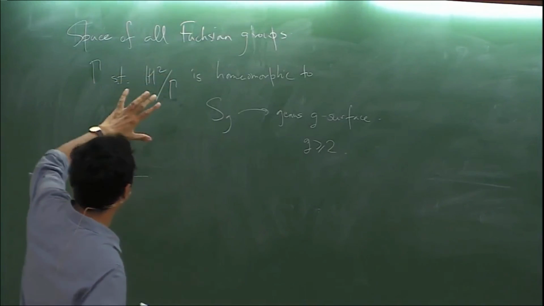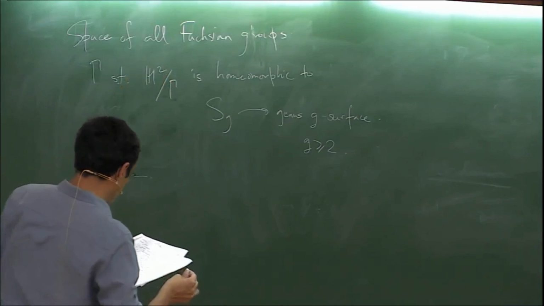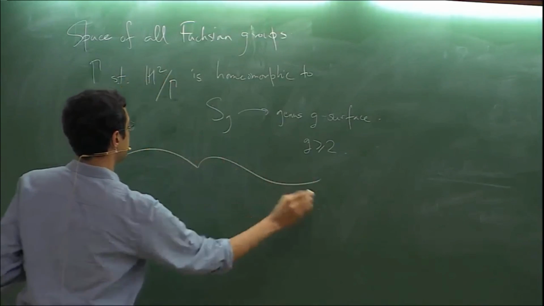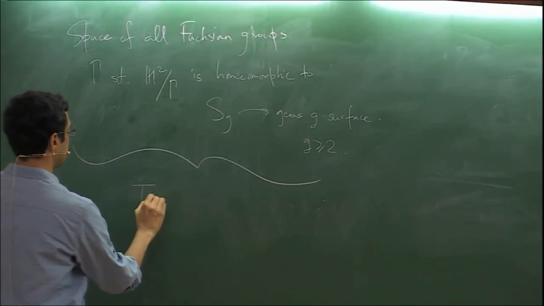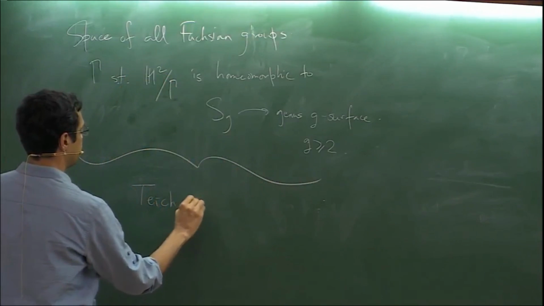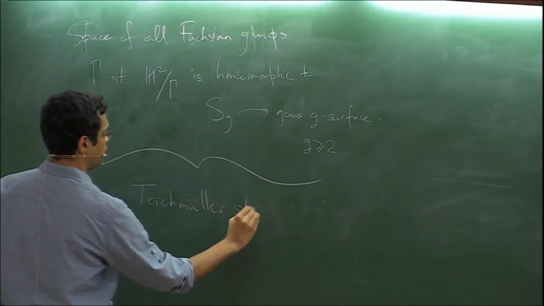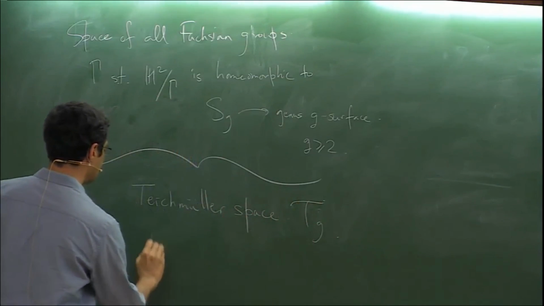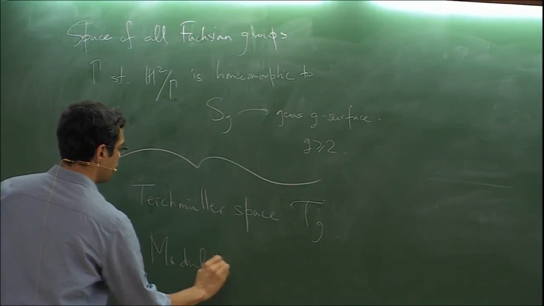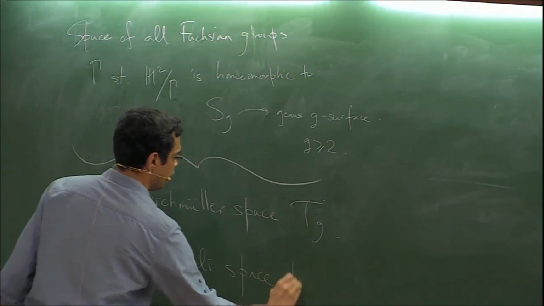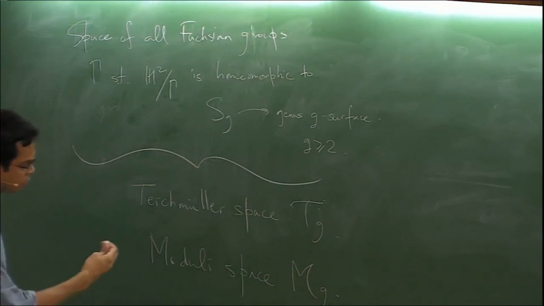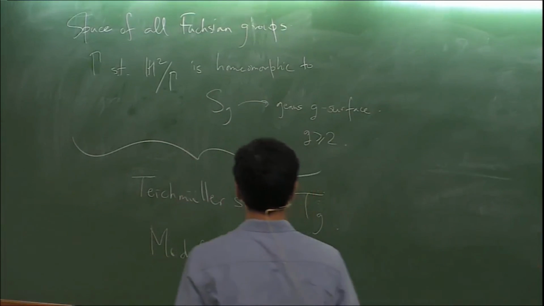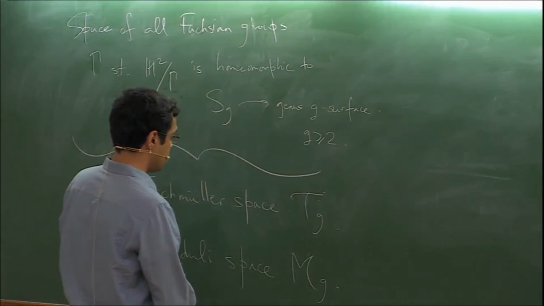And this space of such things is called Teichmuller space, TG, or moduli space, MG. And these are kind of important mathematical objects which connect with different fields of mathematics.